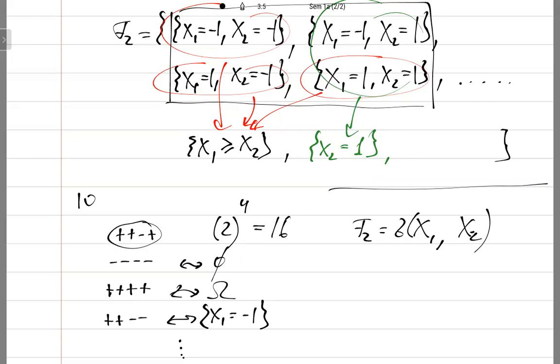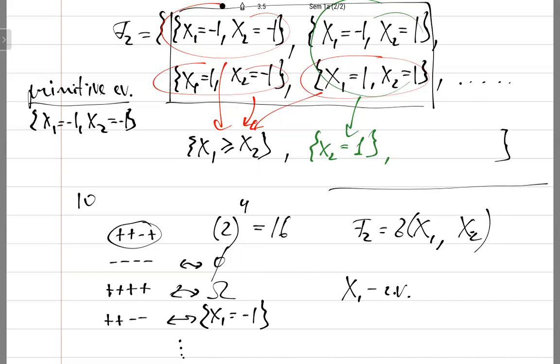Our primitive events are x1, x2, and their combinations, or like these 4 at the top. X1 is not an event at all. X1 is a random variable. What I call primitive events are x1 is -1, x2 is -1, and so on.